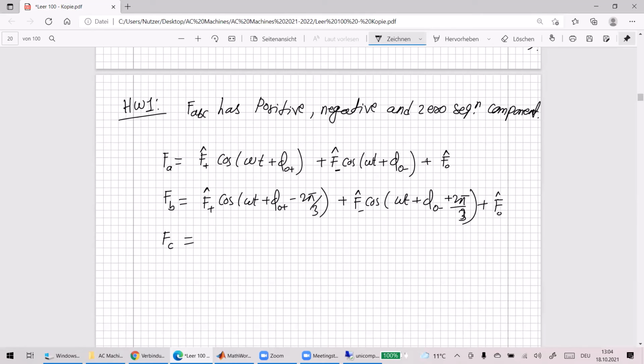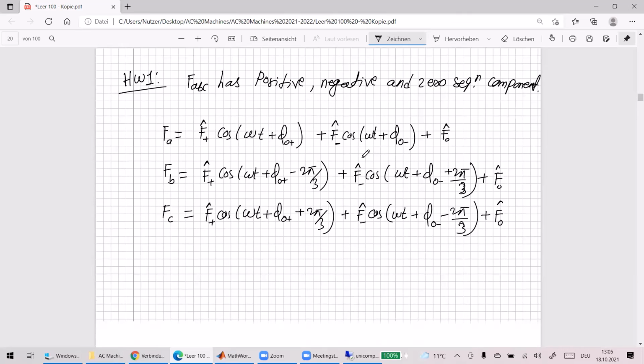And for the vector C, for phase 3, for positive, we lead phase A by 2 pi by 3. For negative, we lag phase A by 2 pi by 3.